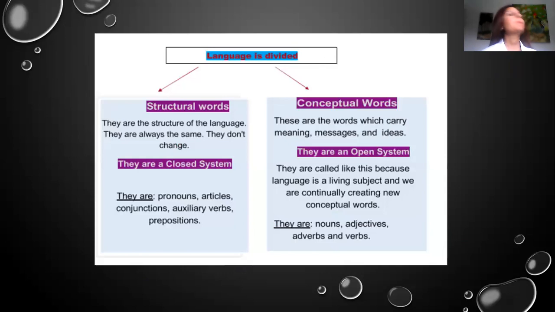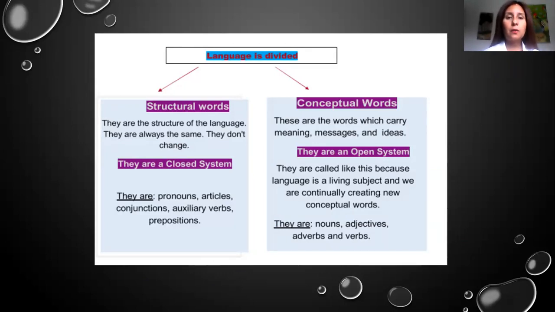Now, let's see. The first part of the theory explains how language is divided between two big groups. The structure of words, they are the structure of the language. They are the core, the base, right? And they are always the same. They don't change.